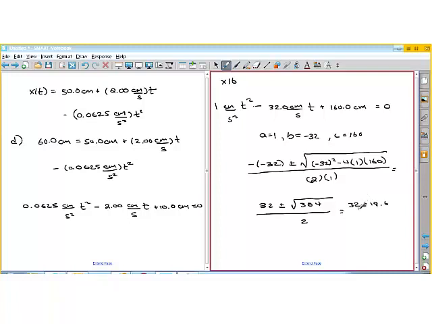So we get 32 plus or minus 19.6 divided by 2, and that's going to give us two solutions. 32 plus 19.6, the whole thing divided by 2, gives 25.8 seconds. That's for the plus. And if I subtract, 32 minus 19.6 divided by 2, I get 6.2 seconds.